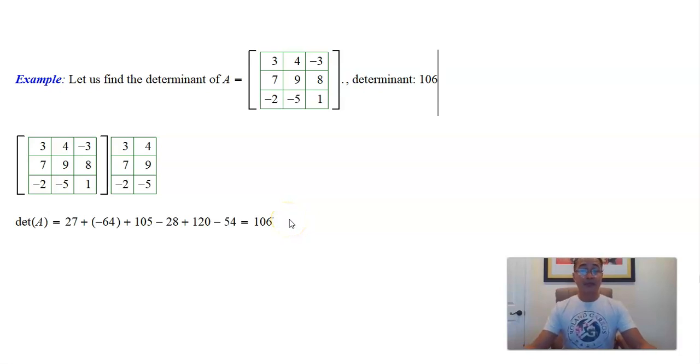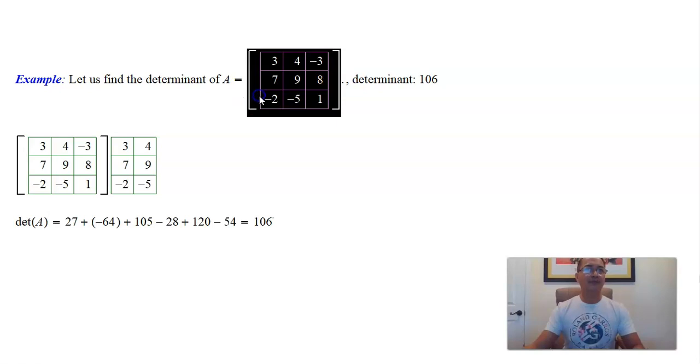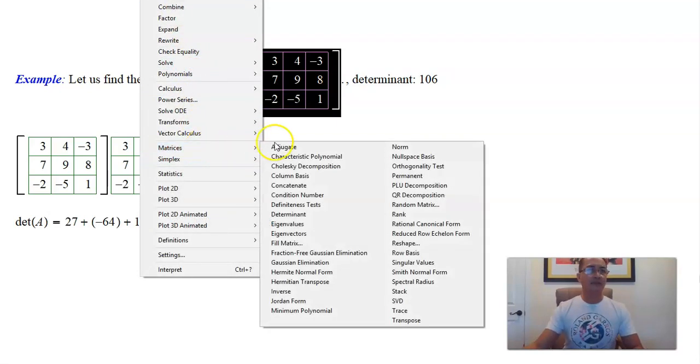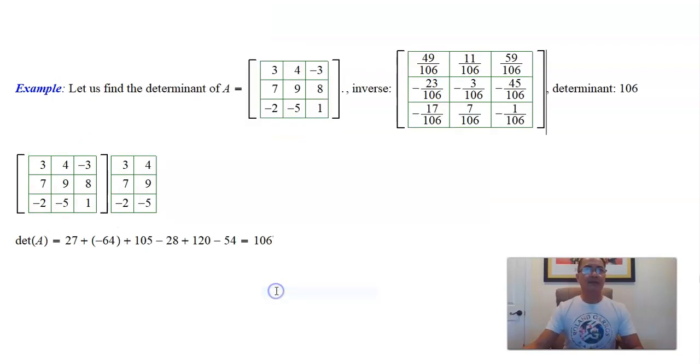Now, spoiler alert, we said a 2 by 2 matrix is invertible if and only if its determinant is not 0, okay? So this determinant is not 0. Is the matrix also invertible? Well, let's ask. Compute matrices inverse.